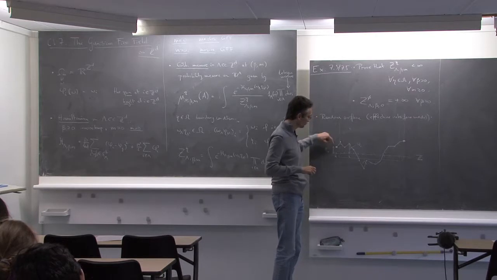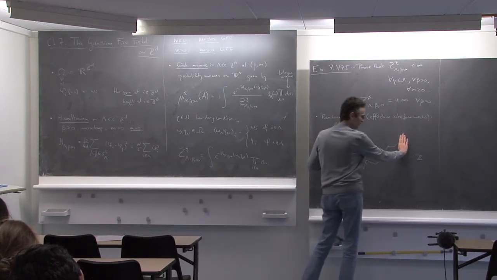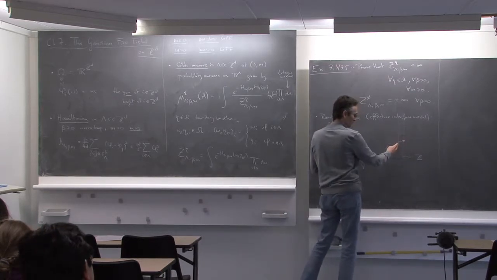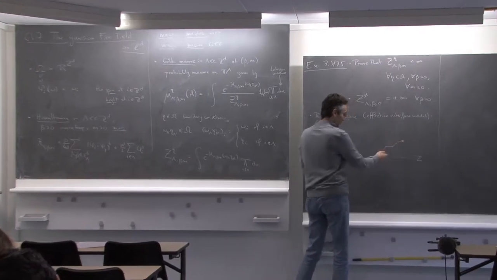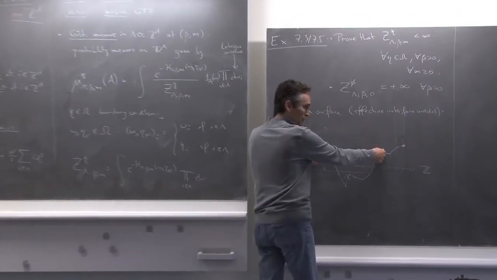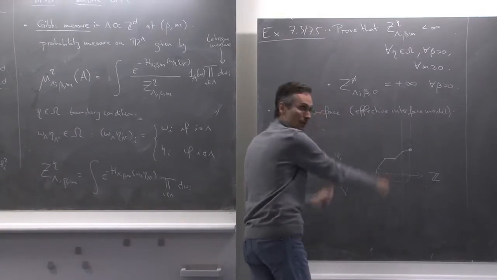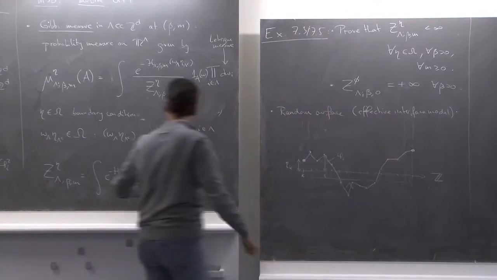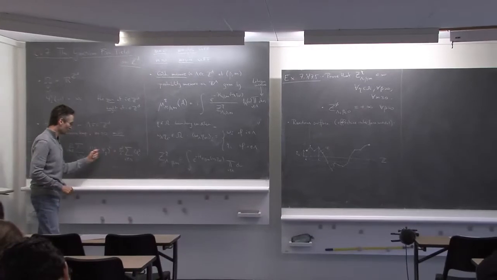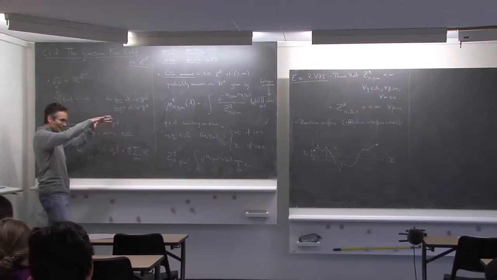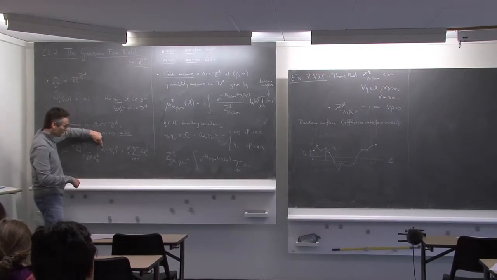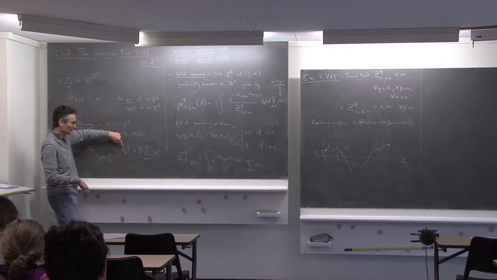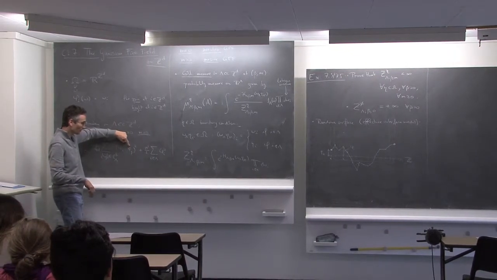Now you see that if you put free boundary conditions, so if you remove this, and then there is no interaction between what happens inside the box and outside the box, then obviously this configuration of the interface I can push it up and down, and I'm not changing the energy if the second term is not here. Because if I push the interface up and down, I'm adding some constant C to phi I and the same constant C to phi j, then the difference here, the constant disappears.